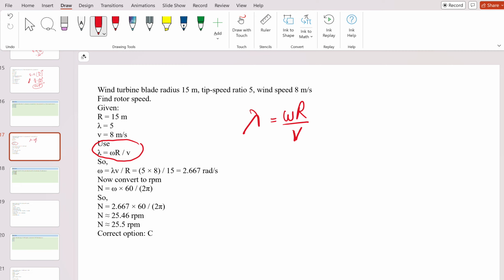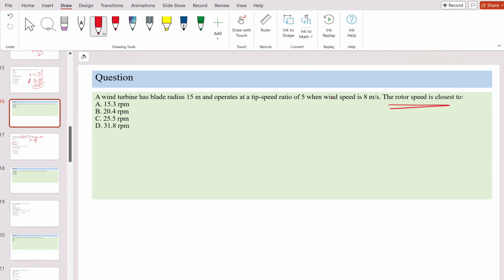It is given that the wind turbine radius is 15 meter, the tip speed ratio is 5 and the wind velocity is 8. Radius we already know, r is equal to 15 meter, and omega is what is being asked, the rotor speed.